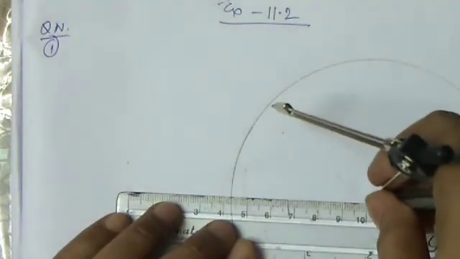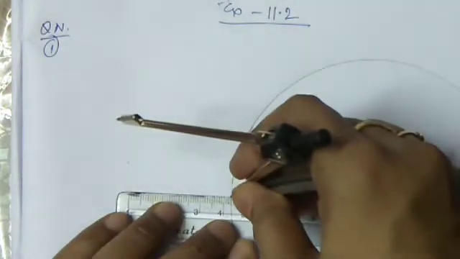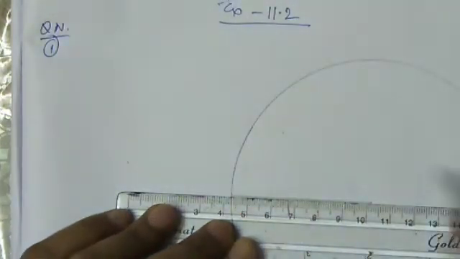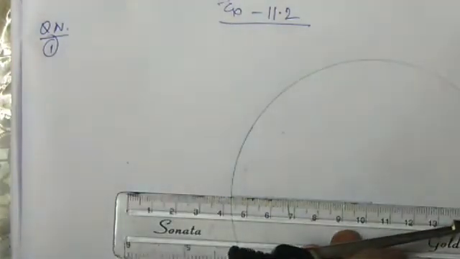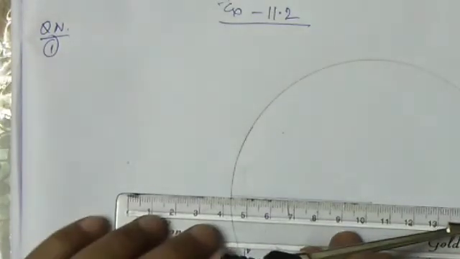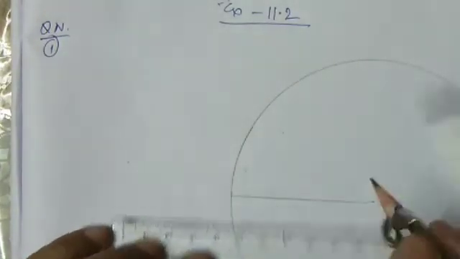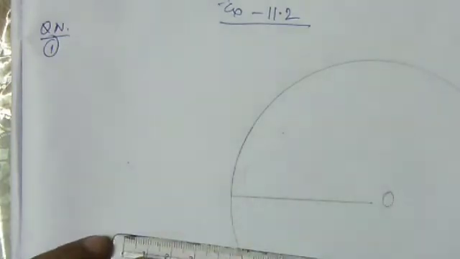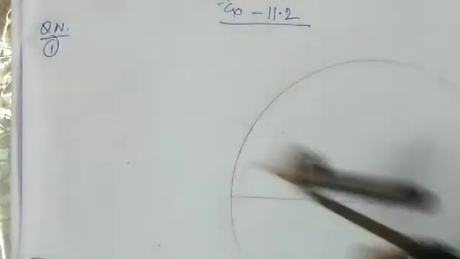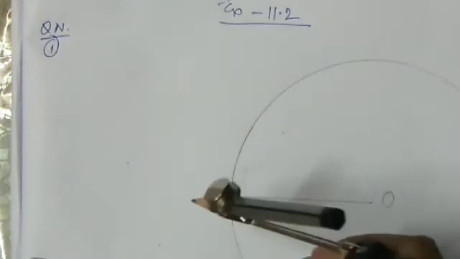Here is a center, and what is said, from a point 10 centimeter away from the center. So from the center we have to take a point 10 centimeter away. So you measure 10 centimeter.